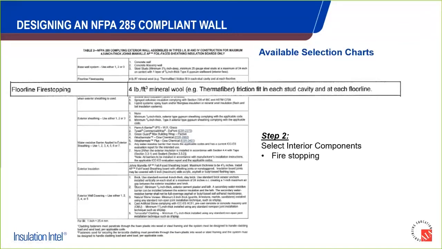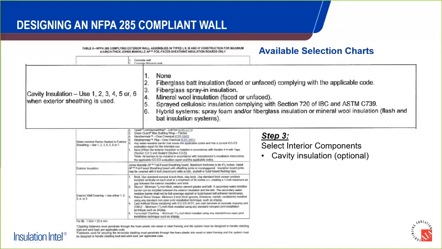Well, this is fairly precise. It has to be 4 pounds of mineral wool. An example would be Thermafiber. There are many other manufacturers of mineral products that pass this test. Cavity insulation: what goes inside between the studs?